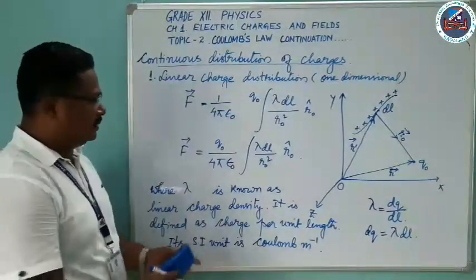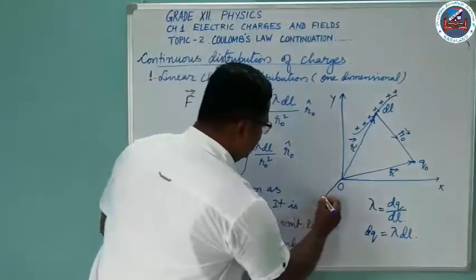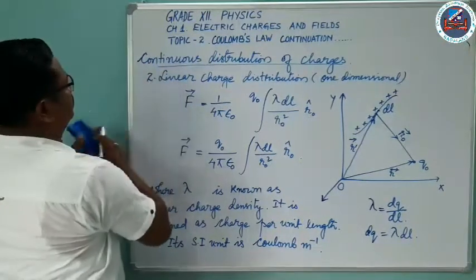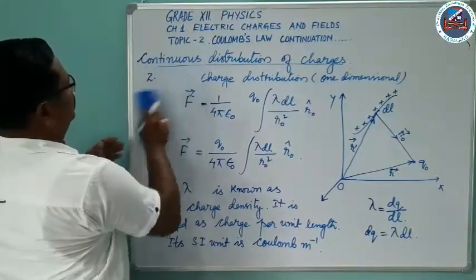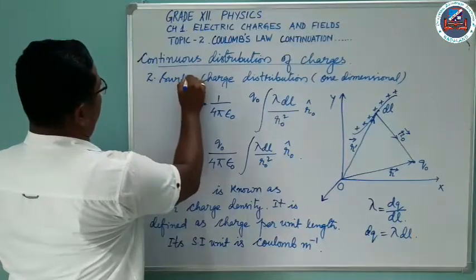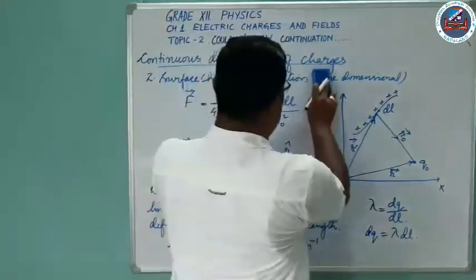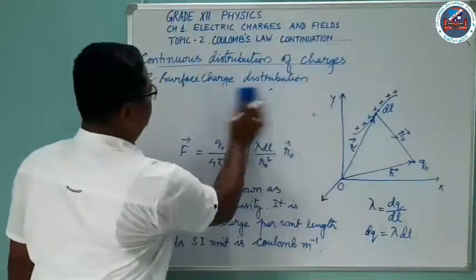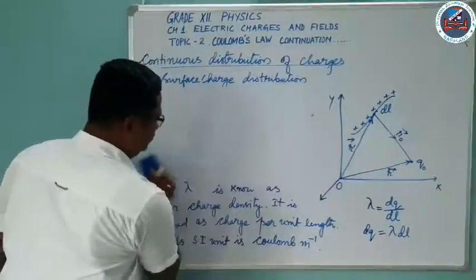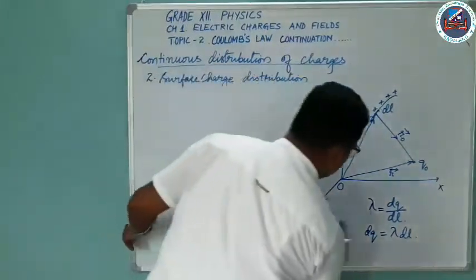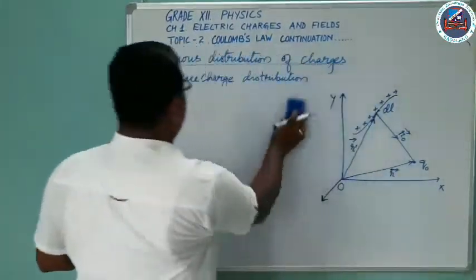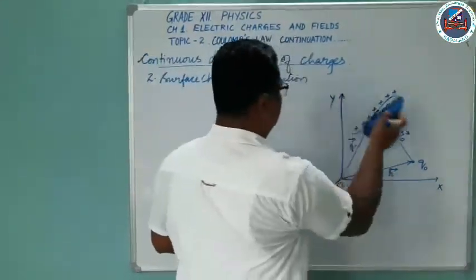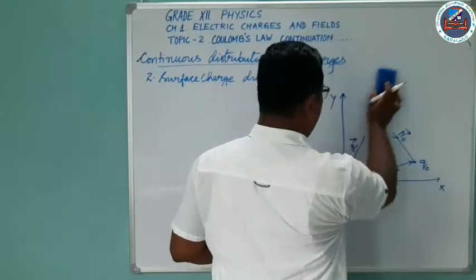Now the second case, that is your surface charge distribution. In surface charge distribution, it is two-dimensional, on a plain sheet.